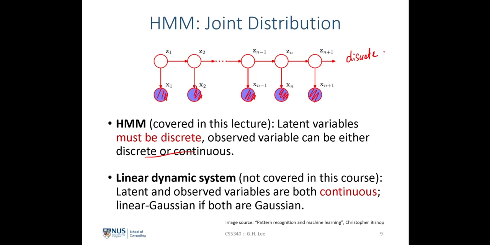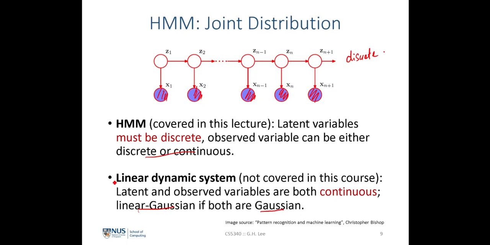What is out of scope in this lecture, and in fact in this course, is what we call the linear dynamic system, where the latent random variable as well as the observed random variable are both continuous. In this case, Z would be continuous, which can be described by the linear Gaussian model, where the latent and observed random variables are both Gaussians.